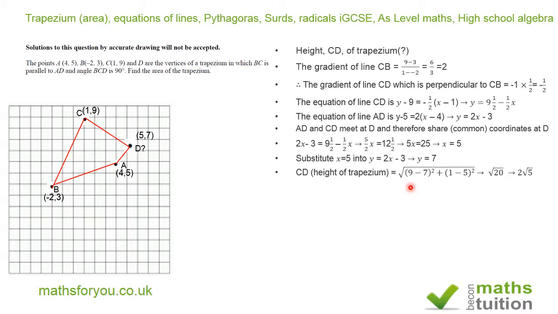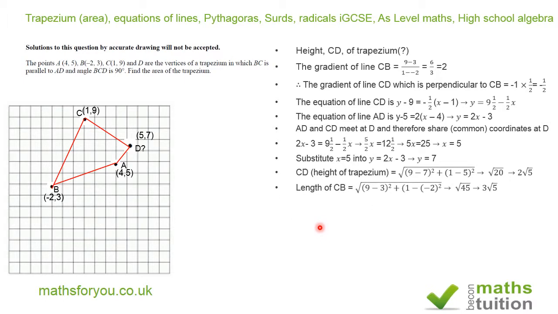Of course, 9 is the y coordinate at C, and 7 is the y coordinate at D, and similarly we've got 1 and 5 for the x coordinates. When we simplify, we have root 20, and of course 20 is 4 times 5, so the square root of 4 is 2. So CD is 2 root 5. That will be the height, the length of CD.